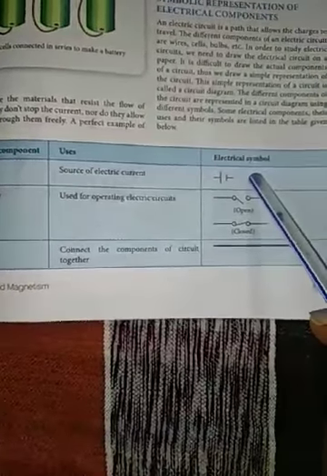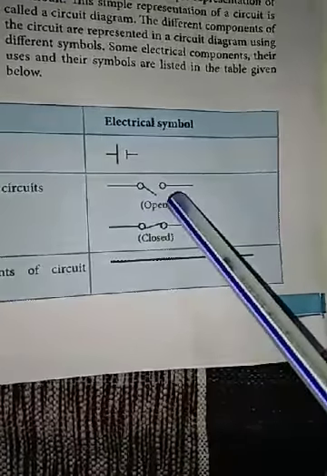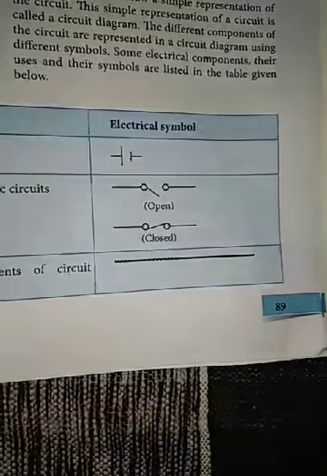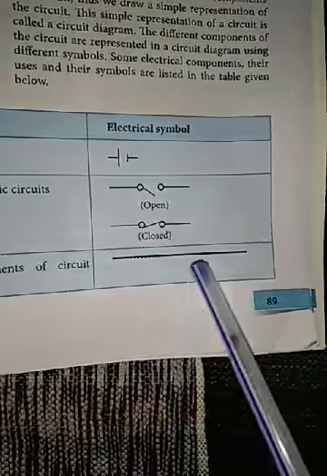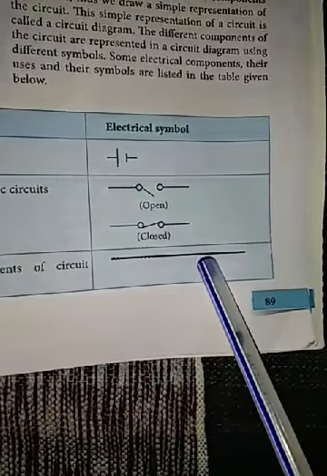Symbol of cell. Cell is the source of electric current. This is the symbol of open key and symbol of closed key, used for operating a circuit. This is the symbol of a circuit. Connect the components of the circuit together.